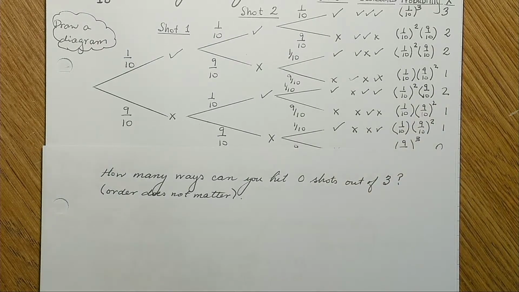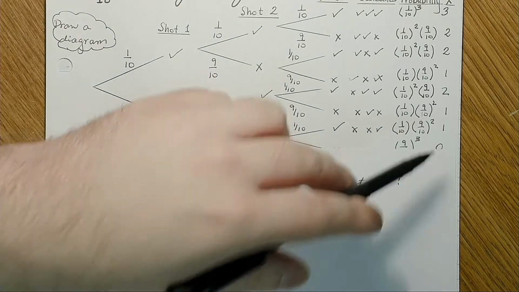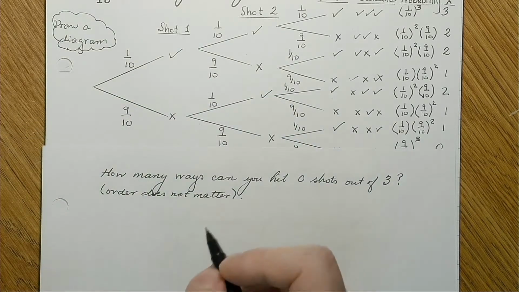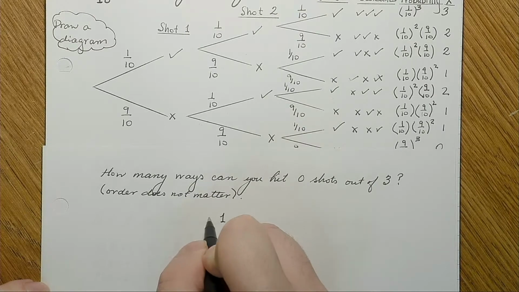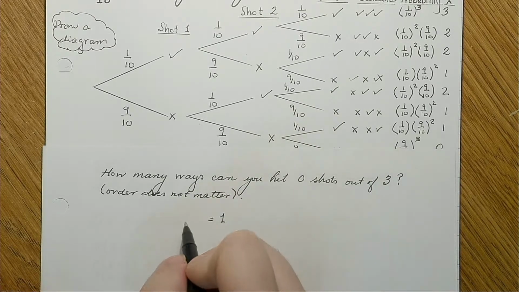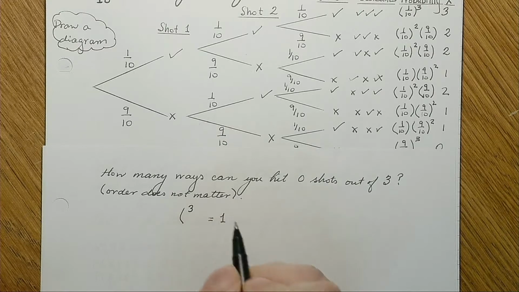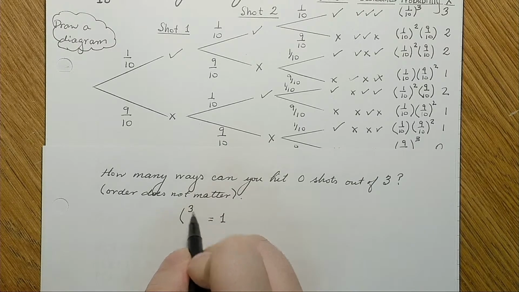What do you think in the chat? Yes, there's one way to do that. And again, because we see it right here, there's only one way. But the way that we can think of that is there were 3 shots and you hit 0 of them. That's 3 choose 0.